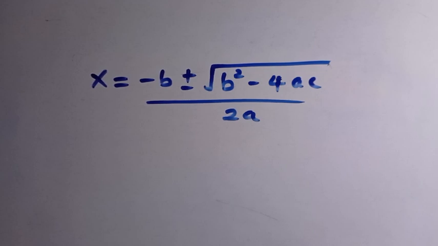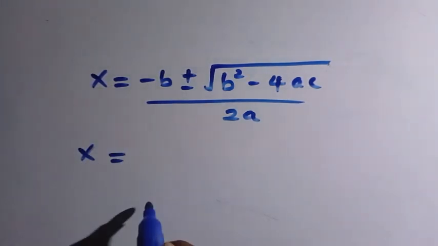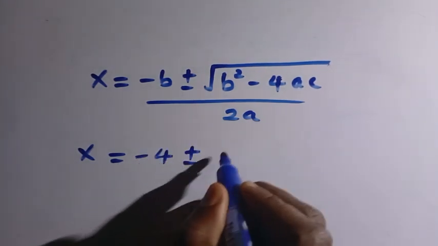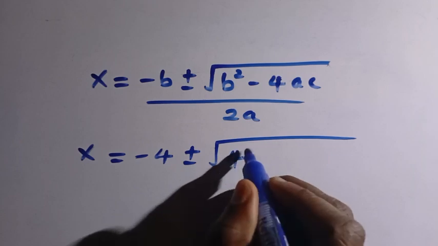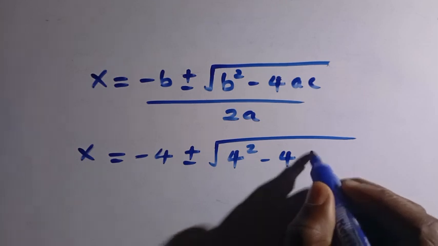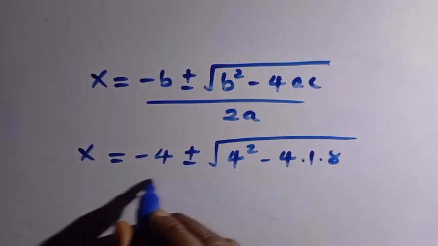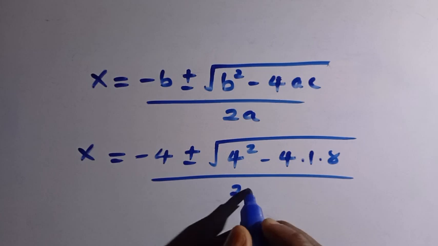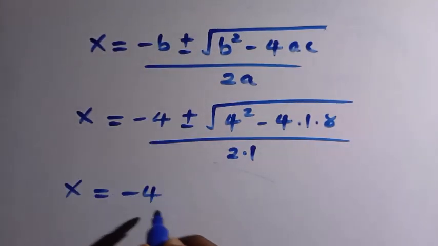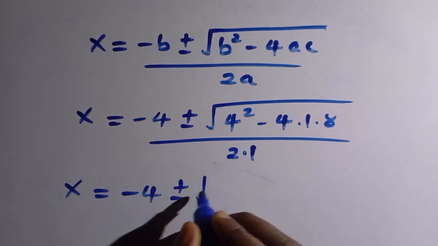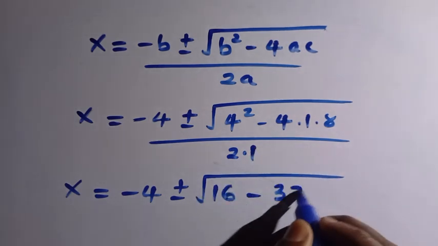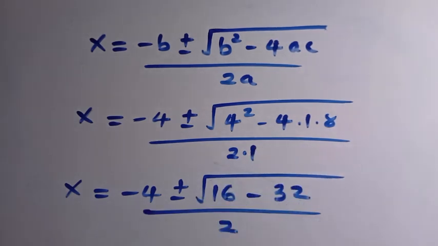By substituting those values, we have x equals, with b being 4, minus 4 plus or minus the square root of 4 squared minus 4 times 1 times 8, divided by 2 times 1. So here we have x equals minus 4 plus or minus the square root of 4 squared, that is 16, minus 4 times 8, we have 32, divided by 2.